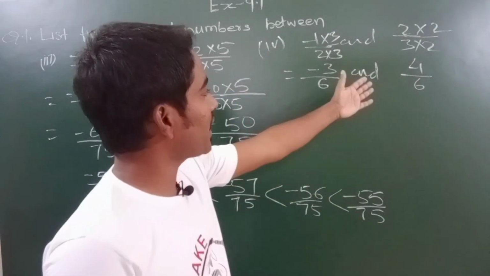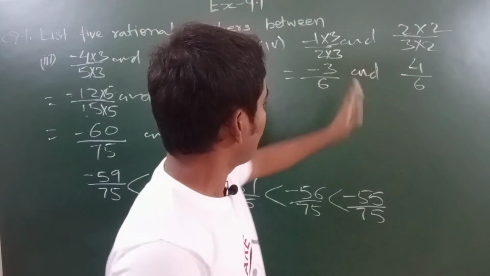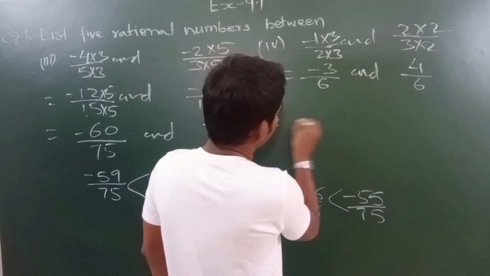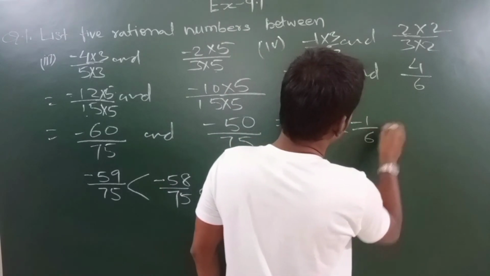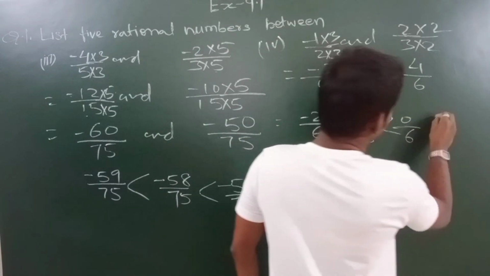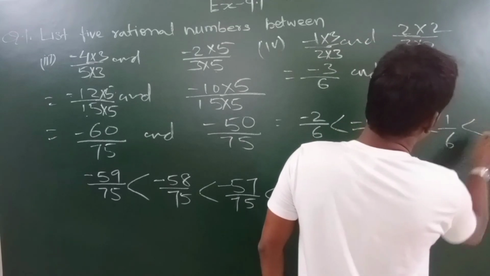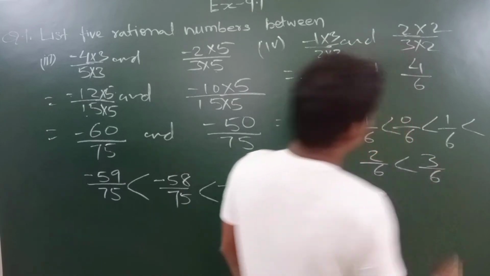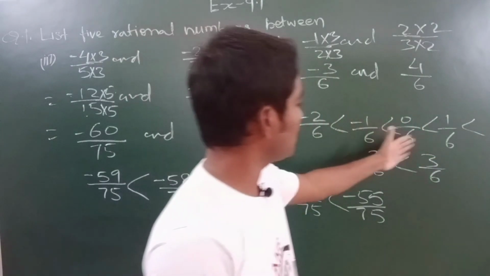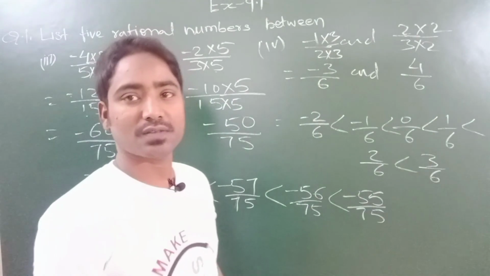Now in between them we already have 5 rational numbers. -2/6, -1/6, 0/6, 1/6, 2/6, 3/6. We already have 6 rational numbers.